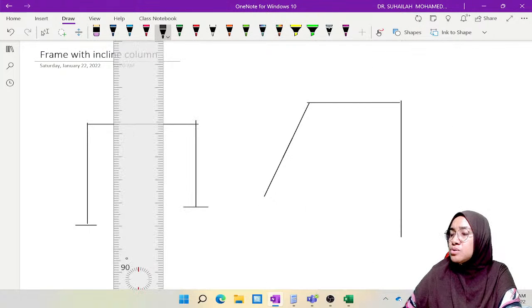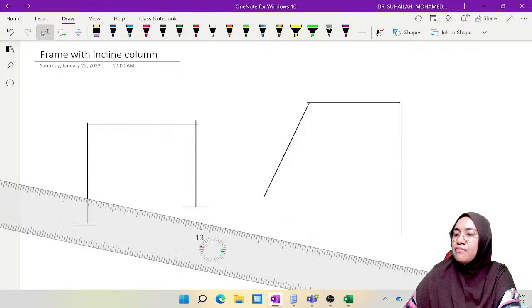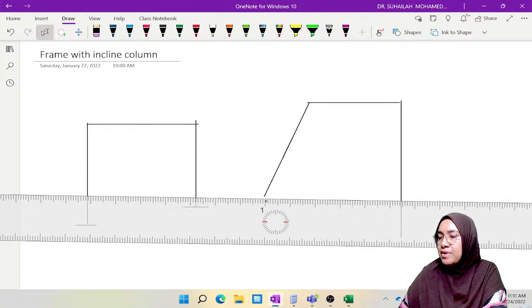We can also have a frame like the second one, or like this.